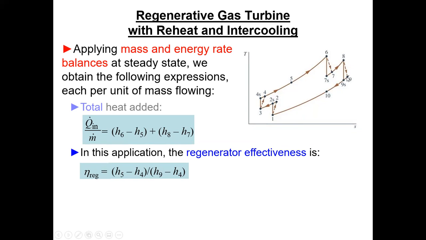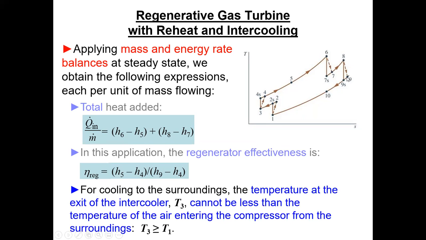So it's H5 minus H4 divided by H9 minus H4. Effectiveness of the regenerator. And so we say that, again, we have this limitation that for cooling to the surroundings, temperature of the exit of the intercooler T3 cannot be less than the temperature of the air entering the compressor. So this guy can't be less than T1.